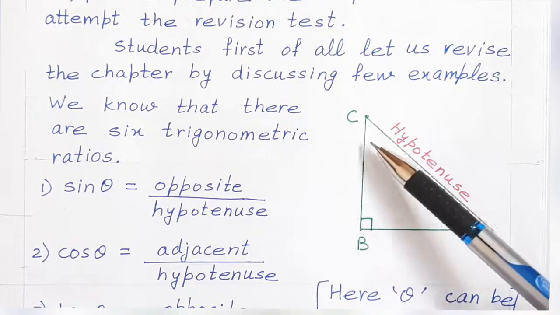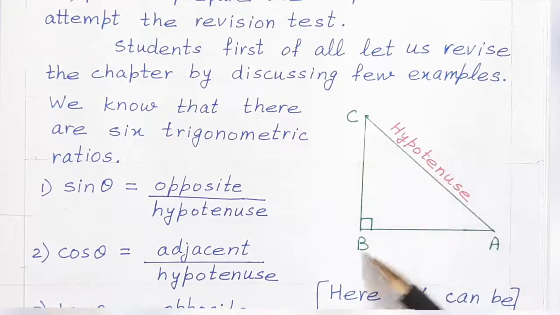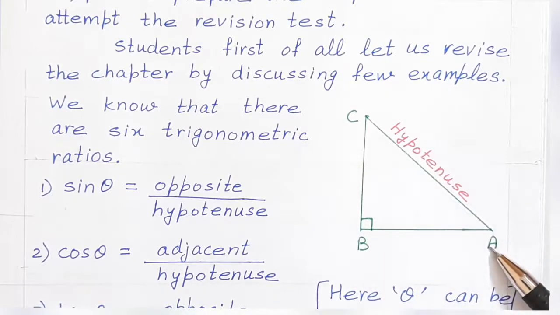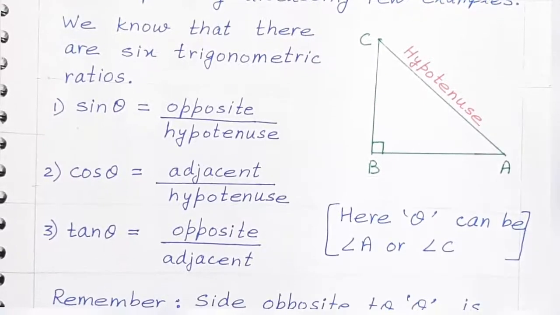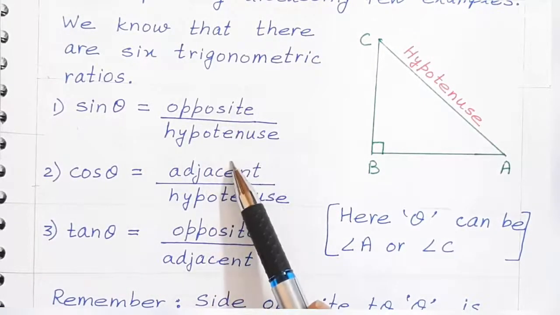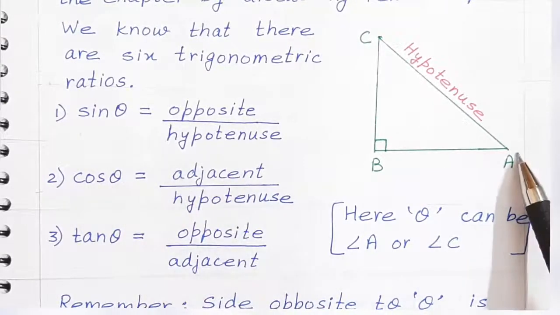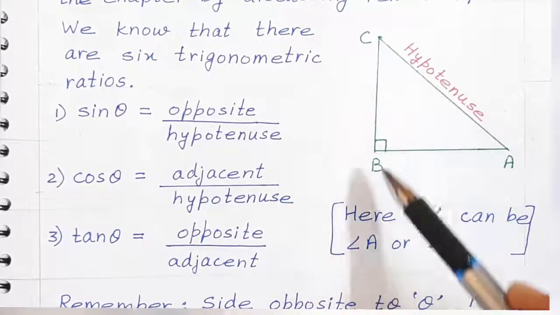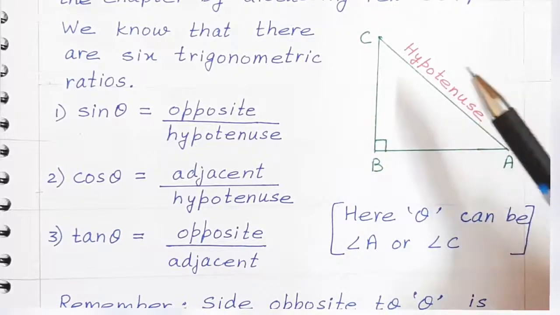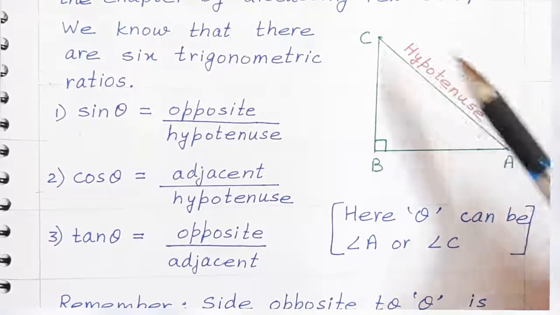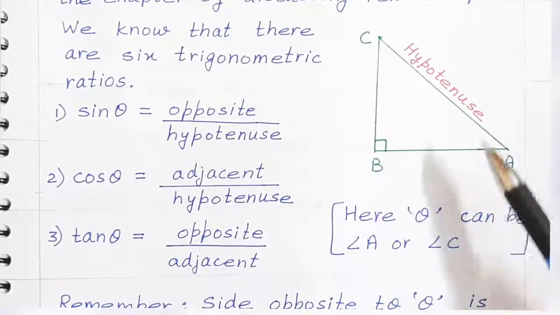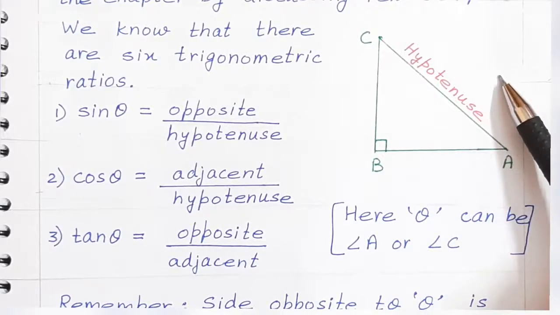Similarly, side opposite to angle C is AB. So here sine theta is opposite upon hypotenuse. That means sine A is BC upon hypotenuse and sine C is AB upon hypotenuse. Clear?